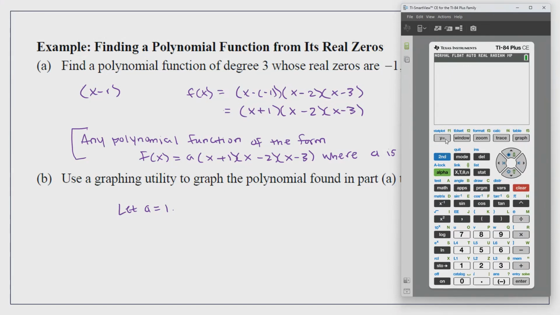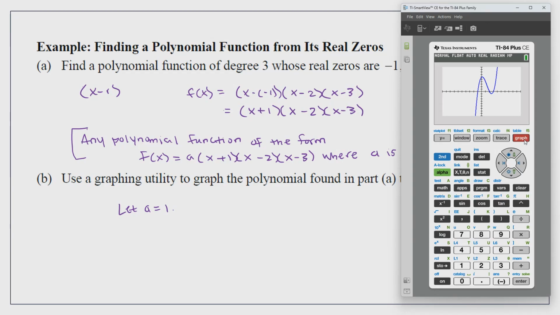So let's go to y equals, and we'll put in x plus 1. Remember, we're letting a equal 1, x minus 2, and x minus 3. And we'll press enter to enter in our function, and then we'll press graph. And this is our graph.